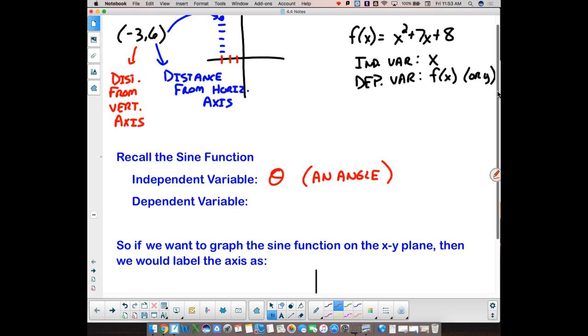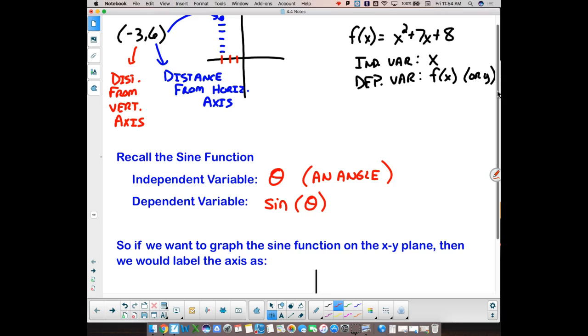Here I plugged in X, got out f of X. In my sine function, I'm going to plug in theta, and I'm going to get out sine of theta. See it now?